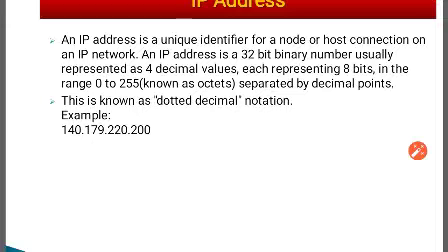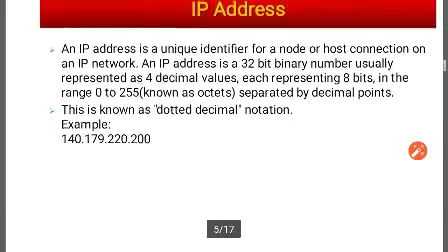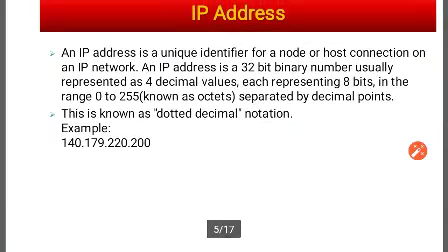We call them octets, right? These are separated with a dot. For example, 140.179.220.200 is an IP address in octet form. I hope the IP address is clear to you all.